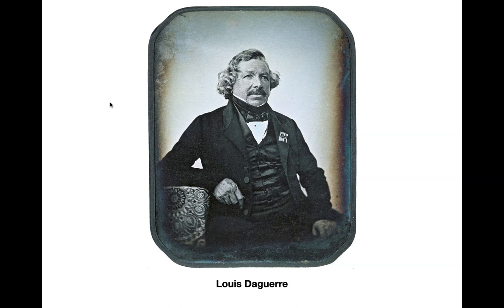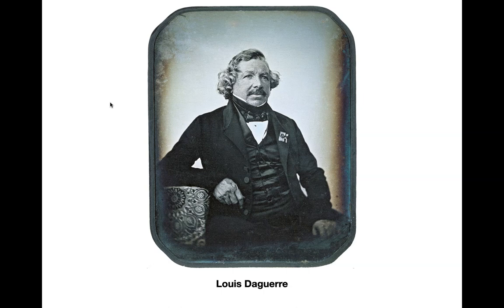You have your developer that brings the image out. You have some kind of a stop bath that halts that development, and then fix removes any of the silver that hasn't been exposed to light and that hasn't been developed. It removes that. So all you have is the developed silver. Anything that hasn't been exposed to light is removed, and the print is stable.